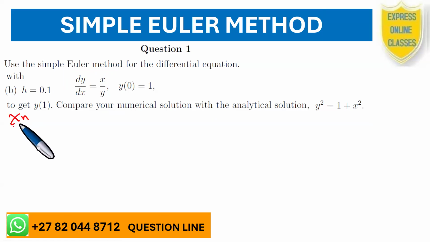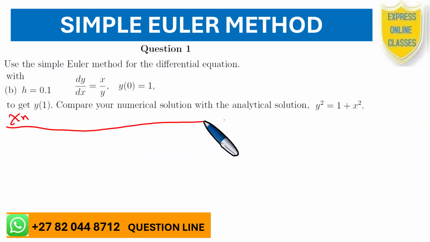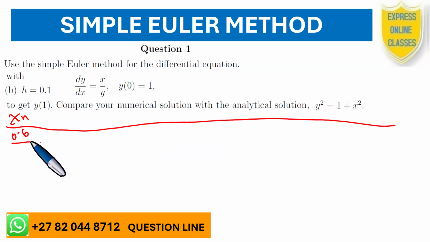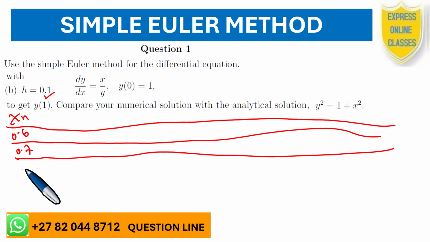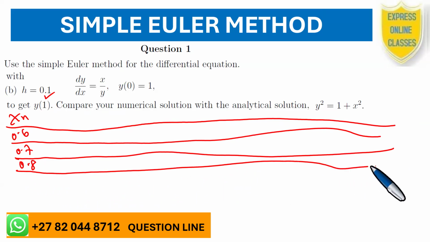Then you're going to do also xn, 0.6, just more practice, 0.7. Okay, because we must get to 1. So we have 0.7, then 0.8.